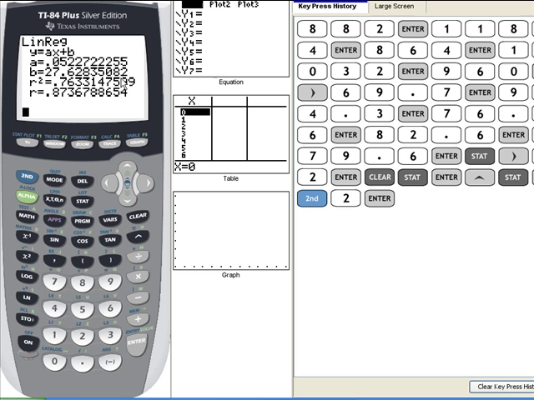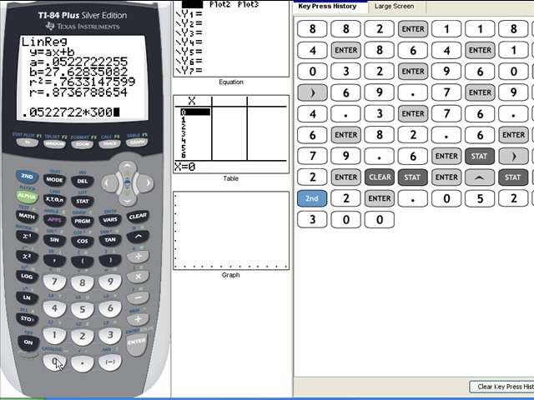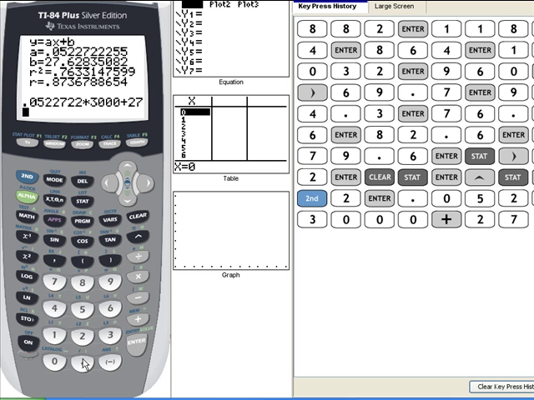And because I'm making a calculation, I am going to use 6 significant digits, 0.0522722 times our 3,000, that's our value for x. And then it is a positive, plus 27.6284.